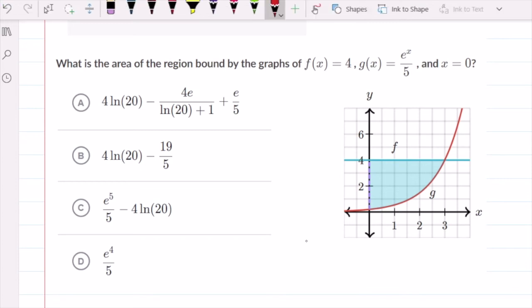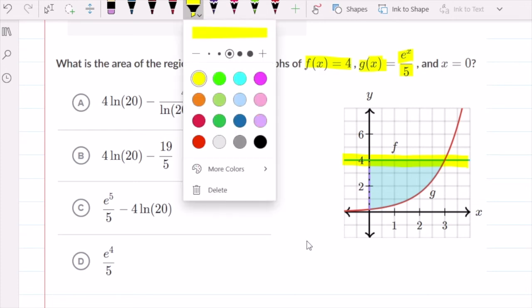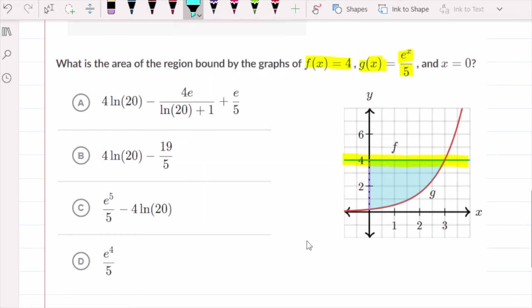The first curve, f of x equal to 4, is a horizontal line passing through y equal to 4. This is the function f. And the function g of x is equal to e to the power x divided by 5, and this is the graph of the function.